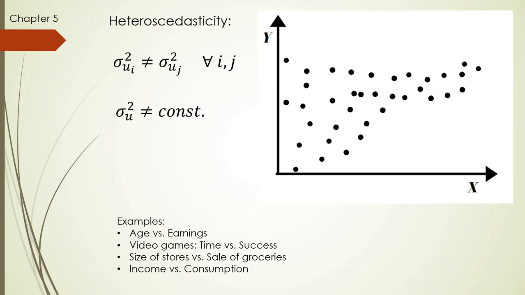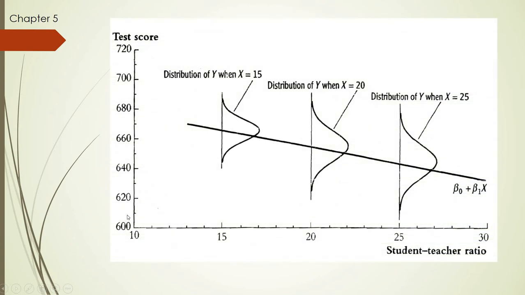Also, when it comes to income and consumption, if people have smaller income, consumption will be smaller. But if income is bigger and bigger, then consumption in some cases will be much larger, while in some cases people will still save the money and consumption will be small. Again, the spread of data, or variance, will be bigger with a bigger income.